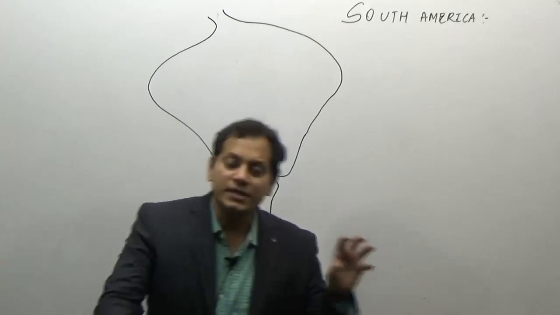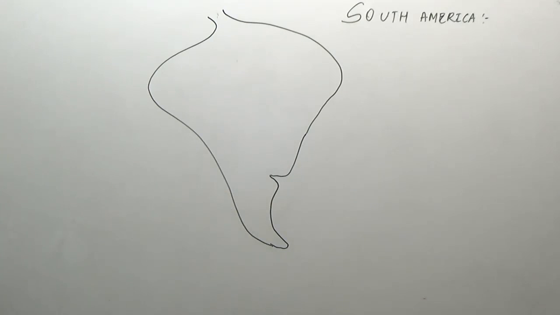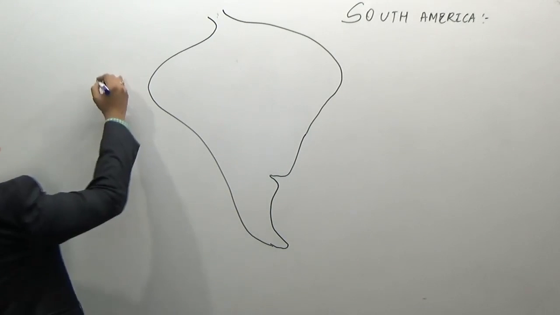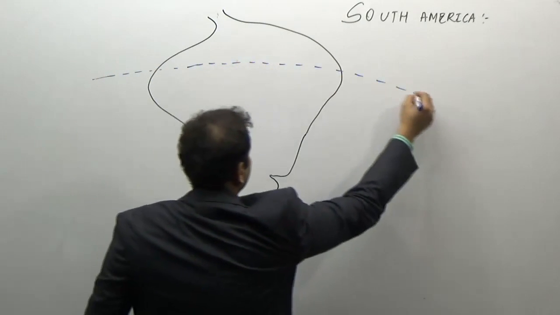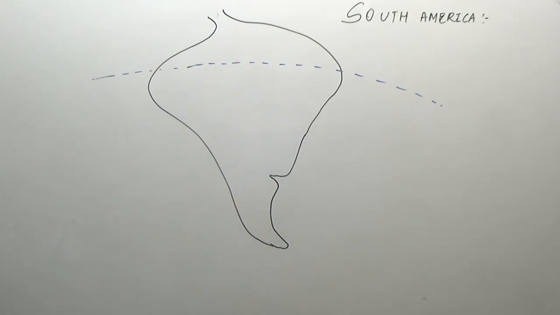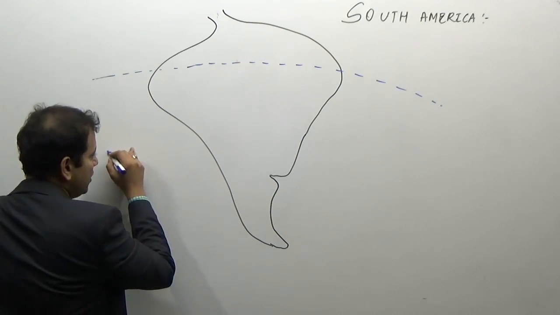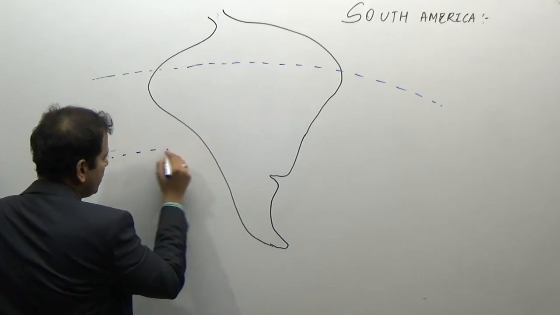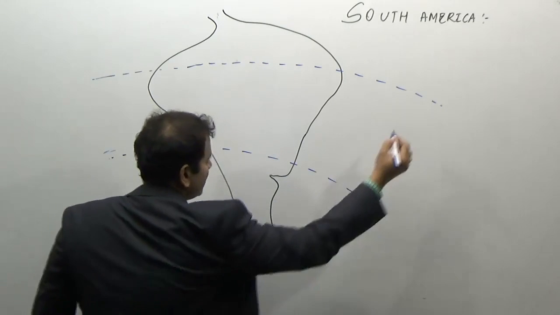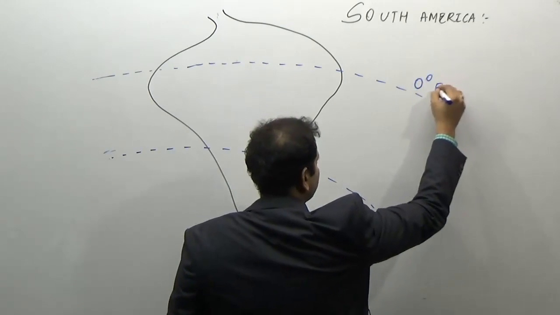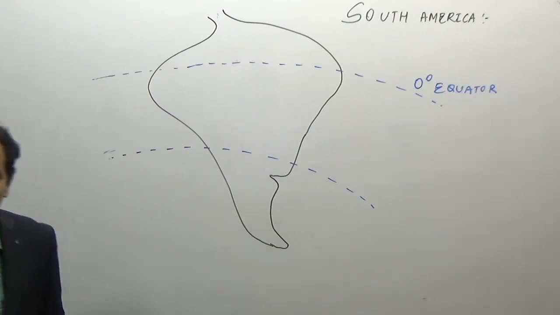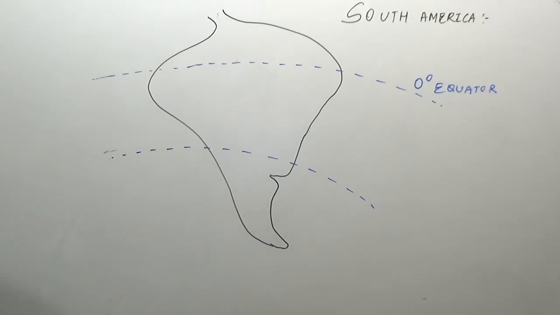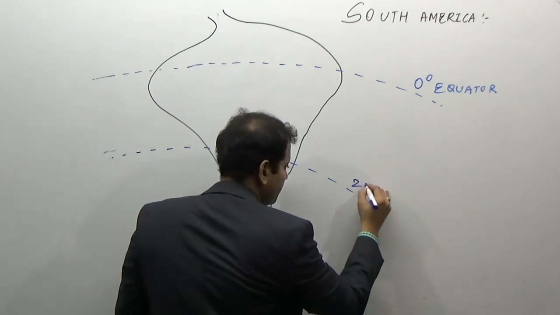Now look in the atlas, you will see that the equator passes through the South American continent, so we can say that it is located in both hemispheres. But the equator does not pass exactly through the middle, it passes just to the north, and we can say here that the South American continent is mostly located in the southern hemisphere, because only a smaller portion of the continent is located in the northern hemisphere.